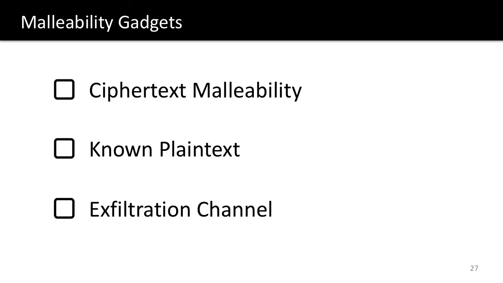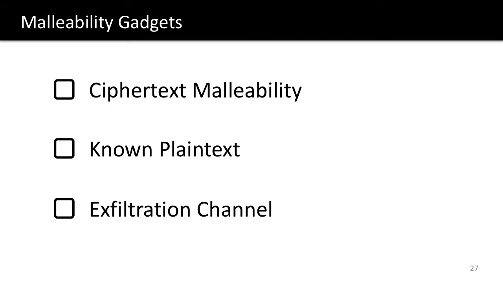And the original eFail attacks, they basically had three requirements. First, ciphertext malleability. So the attack is currently called Malleability Gadgets because we need ciphertext malleability, and we've got no integrity protection in the PDF encryption standard, which is pretty good for an attacker. Second, we know some kind of known plaintext to actually perform targeted modifications.